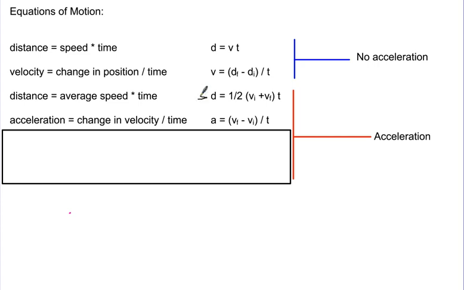One, distance equals 1/2 times the two velocities added, VI meaning your starting velocity and VF meaning your final velocity, times time. And then acceleration equals the difference between velocities divided by time again. So those are new velocities. This part right here just means your average speed. And if your speed's not changing, if VI and VF are the same, this reduces to the formula we already had.